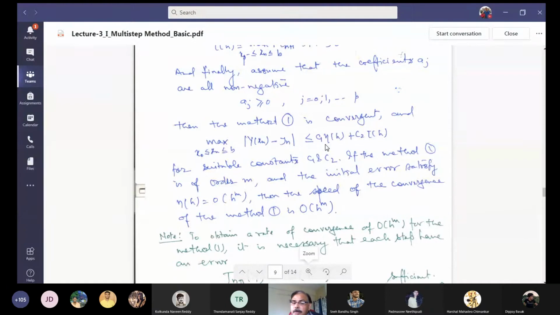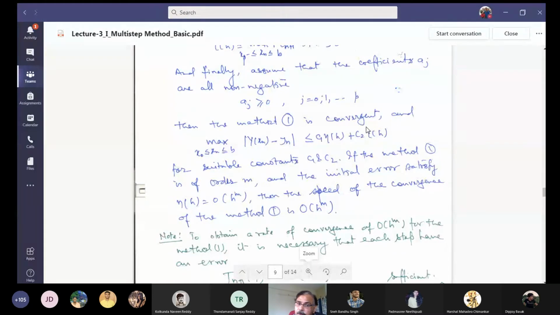Local truncation error for initial values should be of order h to the power m. What is the meaning of this? In other words, in terms of the order of the method which you have applied for initial values, it will be one less, because for the order of the method, you have to divide by h. So the order of the method for the initial values is m minus 1, right?